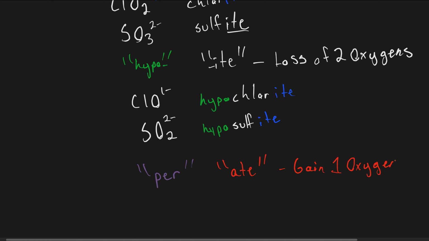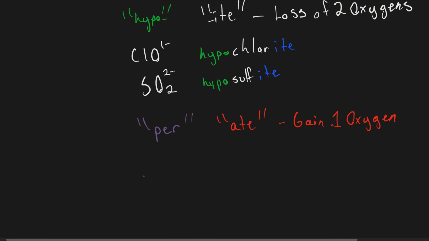Gain 1 oxygen. So let's take the same examples. Let's use chlorine. Chlorine in its base form, with its reference number, is chlorate, and it has 3 oxygens. But now chlorine has 1 more oxygen, so instead of 3 oxygens, it will now have 4 oxygens. We still know that it has a -1 charge.